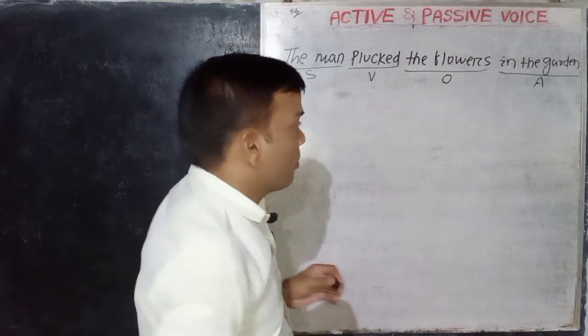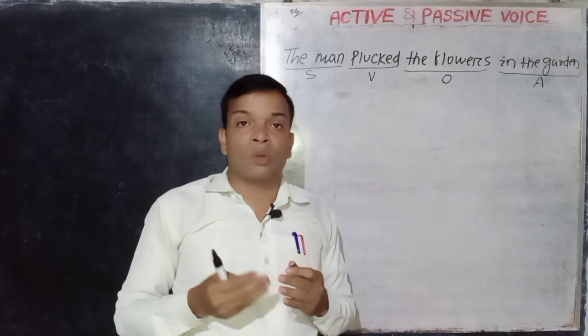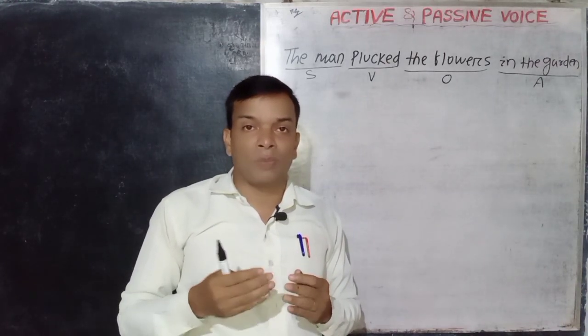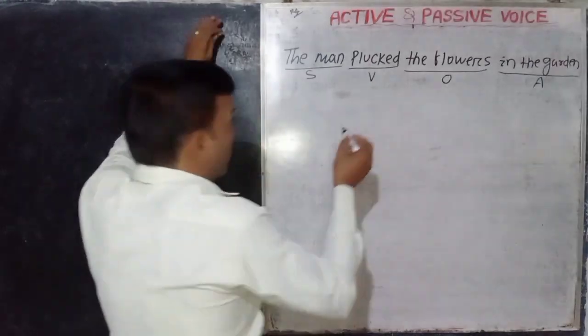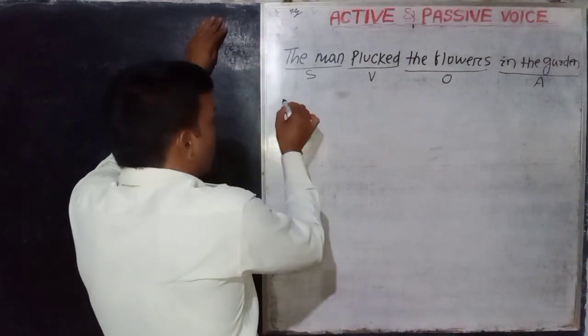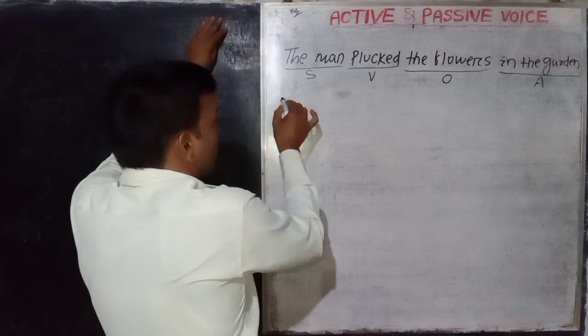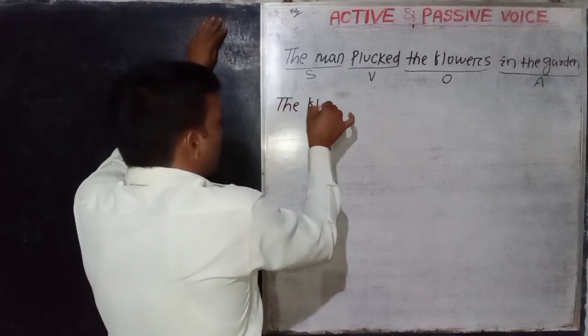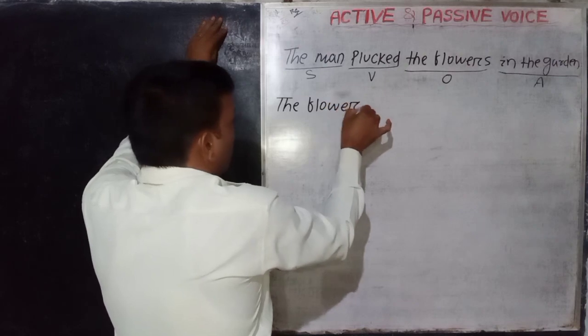Clear? Remember, I have already told you about the 4 important steps how to change an active voice to passive. Just remind. First, replace the object, or write the object in the beginning of the sentence. That means the flowers. This is the object.